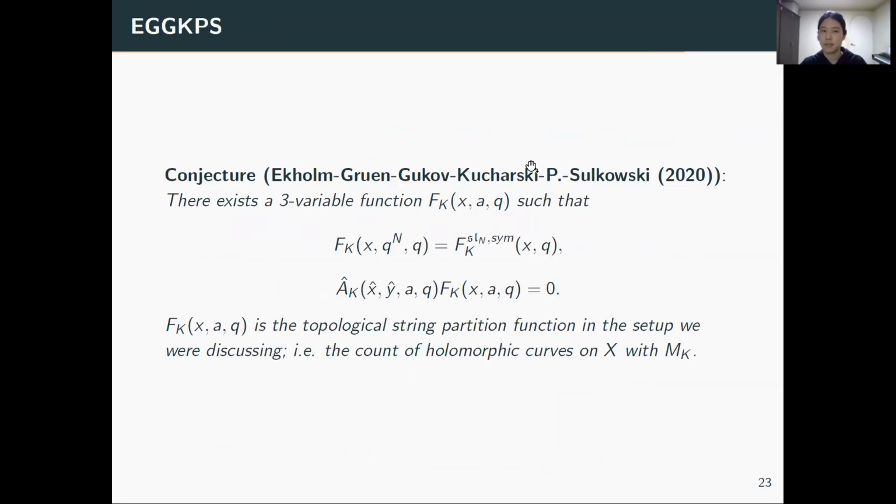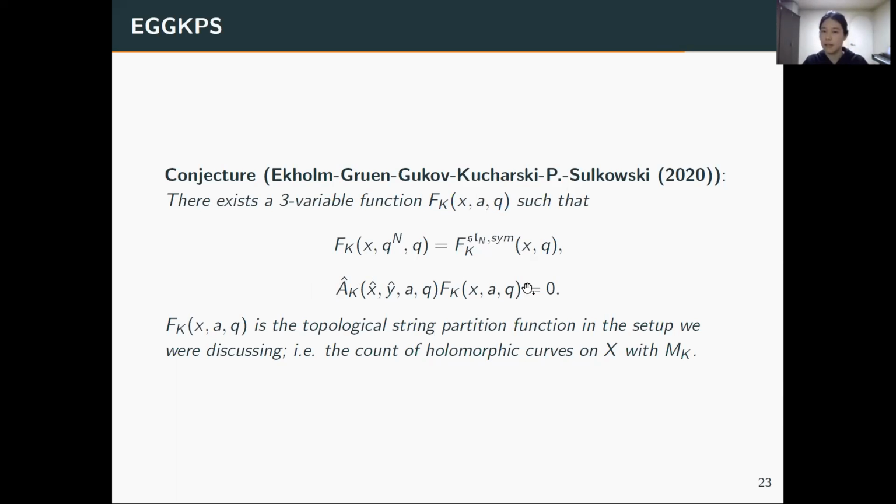And here's a conjecture by Tobias Ekholm, Angus Gruen, Sergei Gukov, Piotr Kucharski, myself, and Piotr Sułkowski. We conjectured that there exists a three-variable function, with an additional variable a, F_K(x, a, q), such that when we set a to be q^n, it becomes the symmetric SL_N version of F_K.